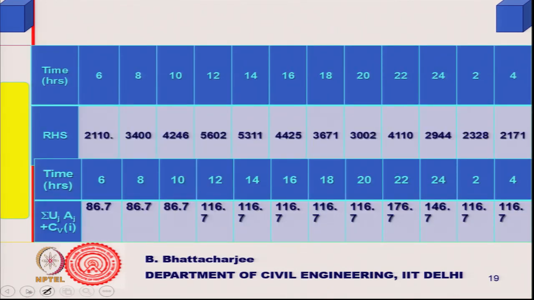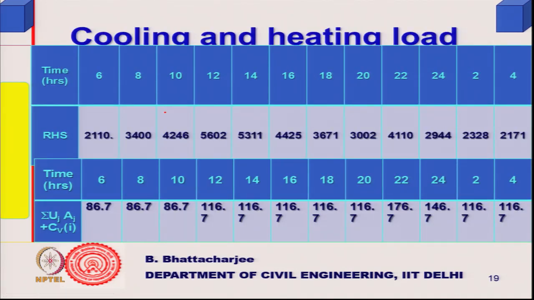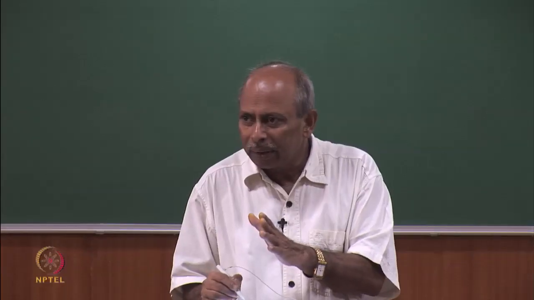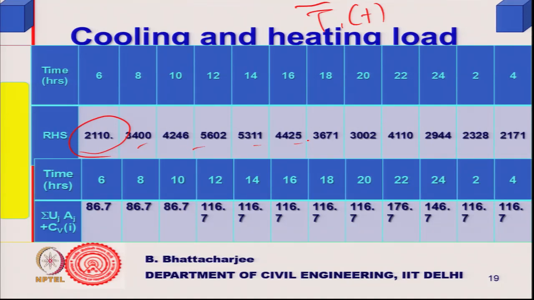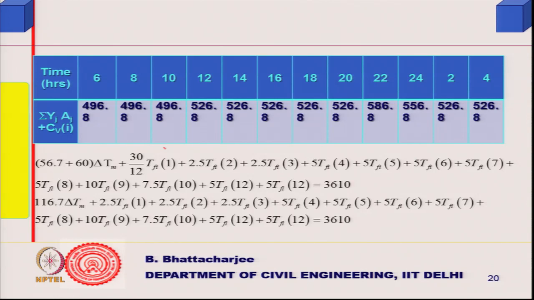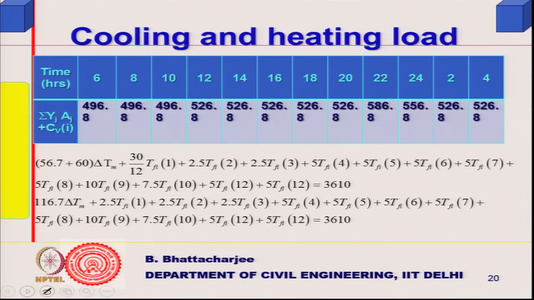There may be some error in this. This is what finally results in the right hand side of the matrix, in which the TIA terms won't be there. That is the right hand side of the matrix, and it comes out to be this, and sigmas UA Cv etc. come out to be 116.7, and the 25 equations would look like this.